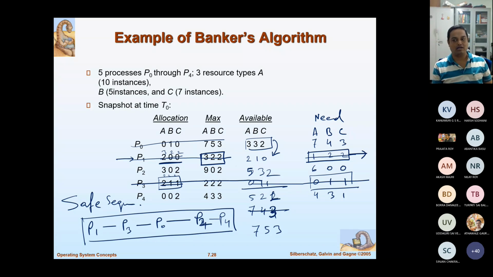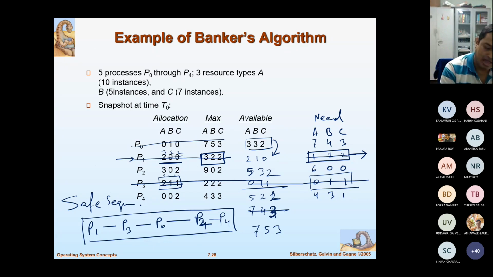And if the system has a safe state, then there won't be a deadlock. This is called Banker's algorithm. Before processing the check, the teller will verify the amount you are asking for and the available balance you have. If the available balance is higher than the check amount, then the check will be processed.